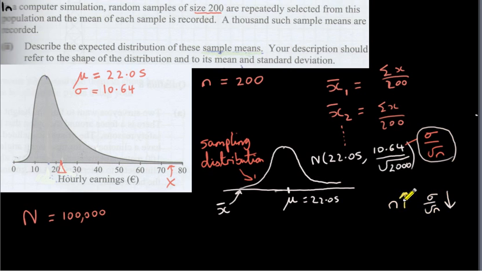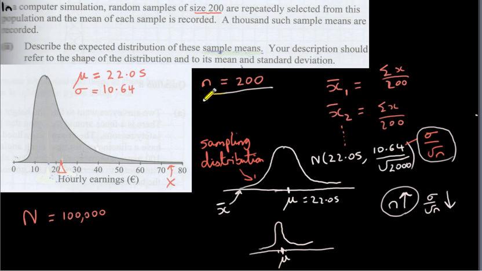So if n goes up, then sigma over root n is going down. So this actually becomes narrower. So if I was to increase n, if I had a sample of say 2000, then we'd have a much narrower distribution. So we'd find that our sample means are even closer to 22.05. So by making the sample size n big, we can get a more precise estimate of our unknown population mean. Normally the population mean mu is unknown.